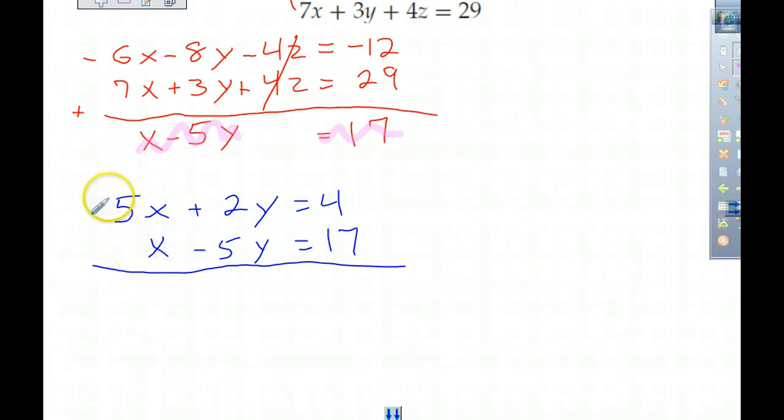Right, so how do we want to eliminate here? -5. Top one, bottom one? -5. Bottom. 5x and then negative 5x below. Top equation, just knock it over.